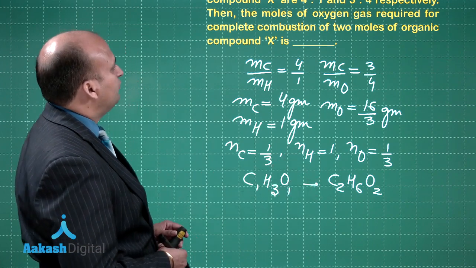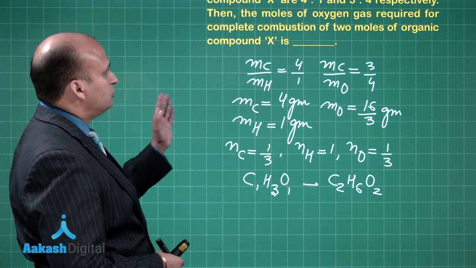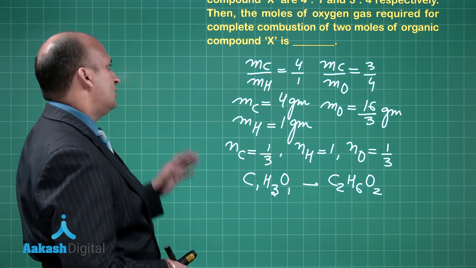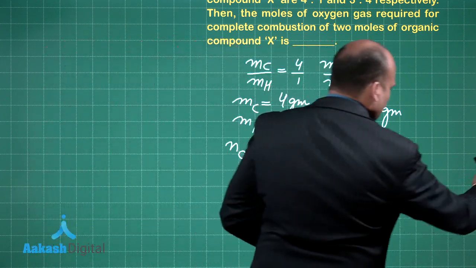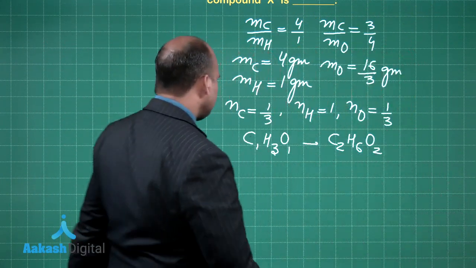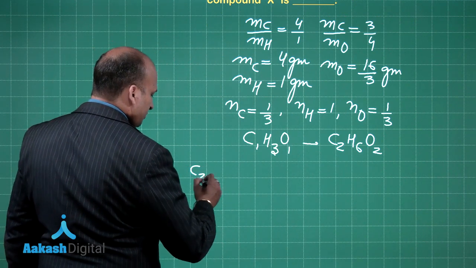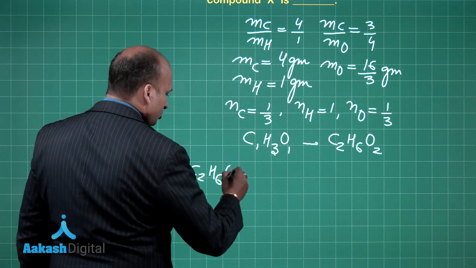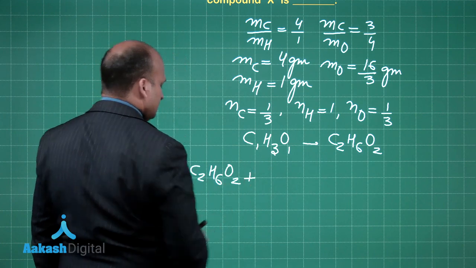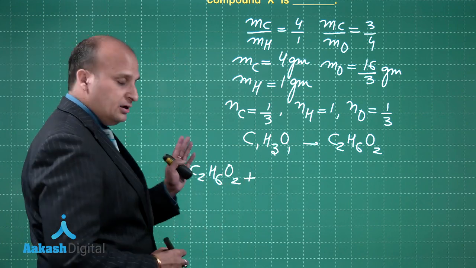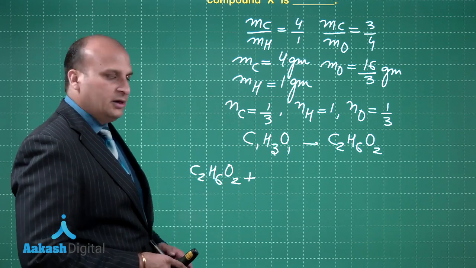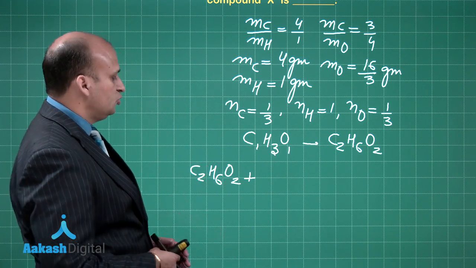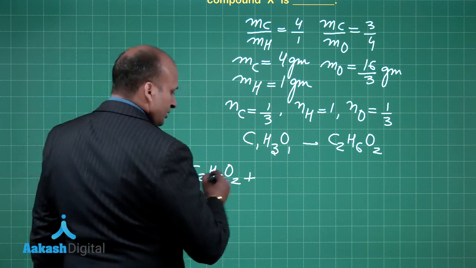Now, what we have to do is find out the moles of oxygen gas required for the complete combustion of 2 moles of this X. See, the combustion equation will be C2H6O2 plus, and I am giving you a generalized format also, so in future also you can use this format.